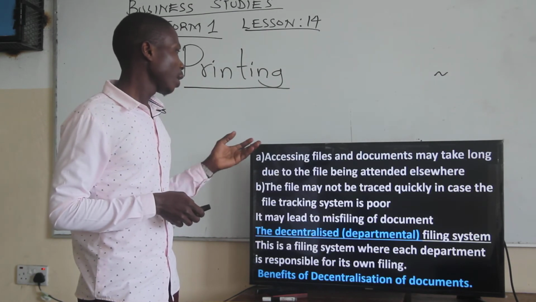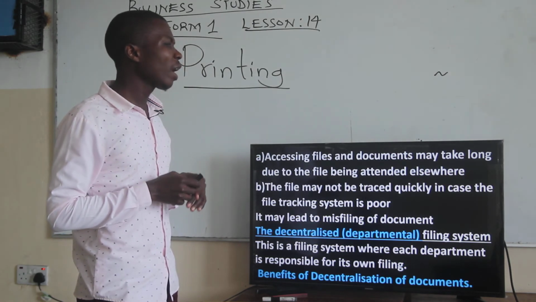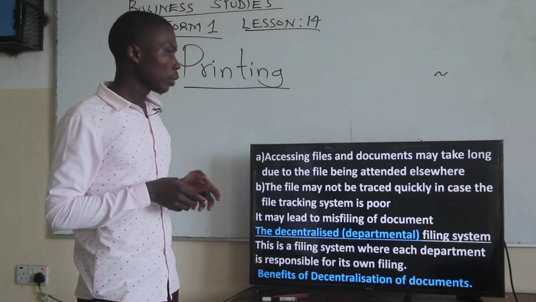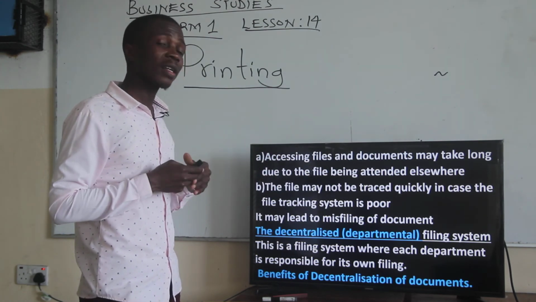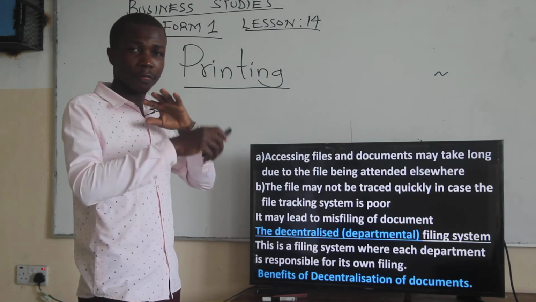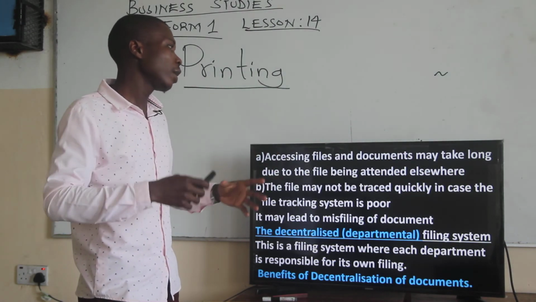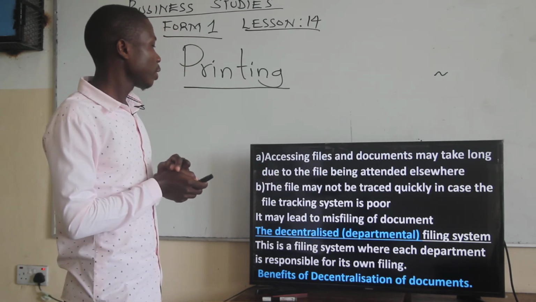The next, accessing files and documents may take long due to the filing being kept elsewhere. So sometimes it becomes difficult for people to access, meaning to get the file where it is, because the filing system is very big and has many documents inside, so you cannot get them at the faster rate you wanted.